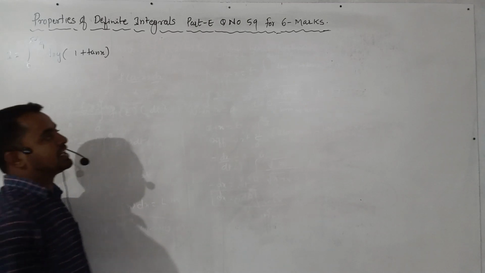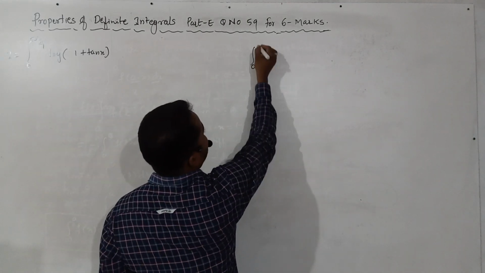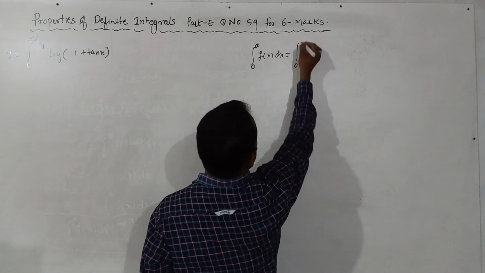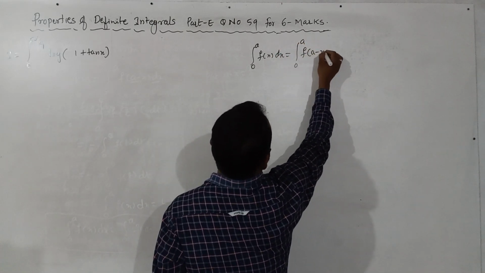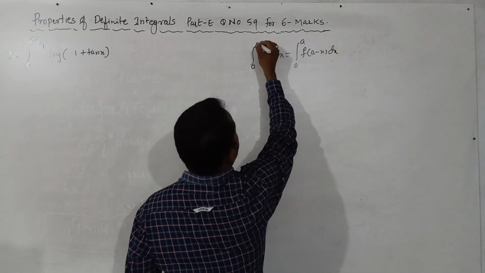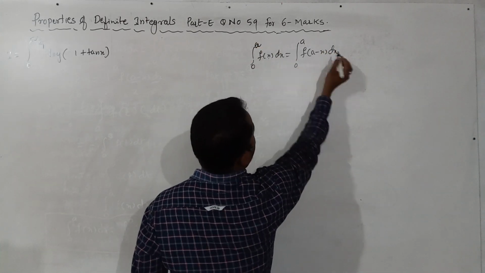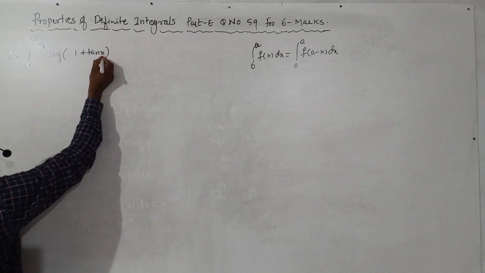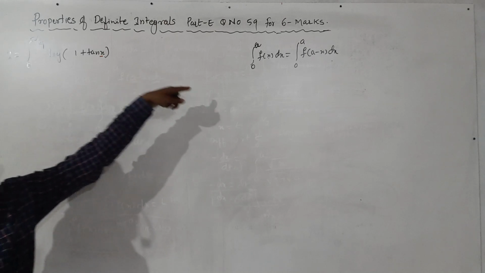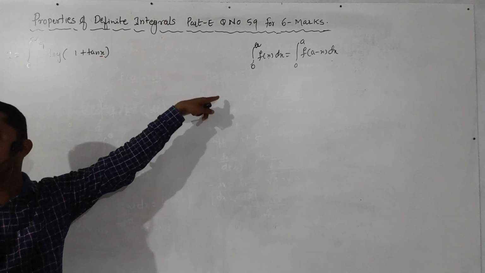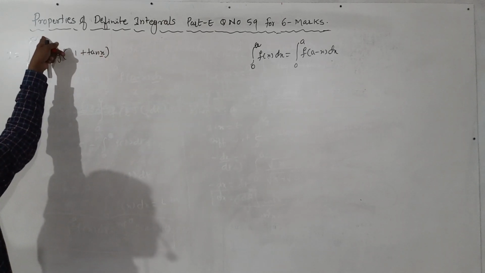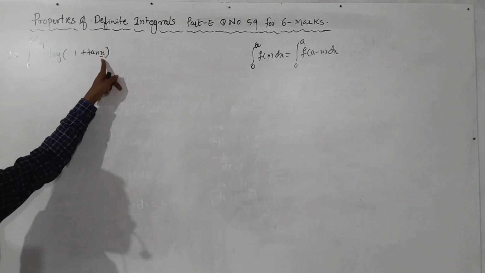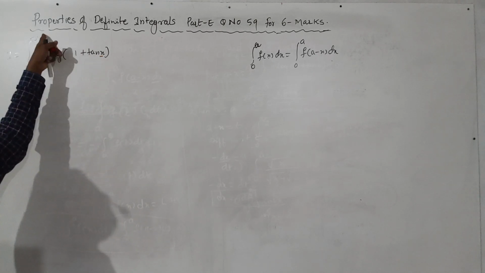So what our property says: integral from 0 to a of f of x dx is equal to integral from 0 to a of f of a minus x dx. See here, x changes to a minus x. By applying the above property, a means 5 by 4 here, so x changes to 5 by 4 minus x. Instead of a, we have 5 by 4.